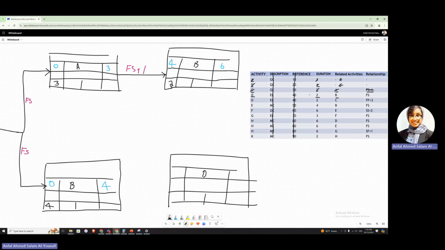It says the duration is 2 and the related activity is B, and it is finish to start.